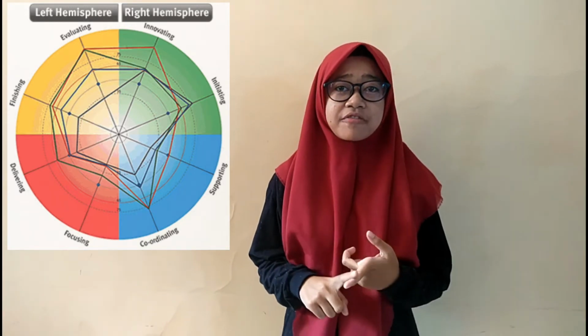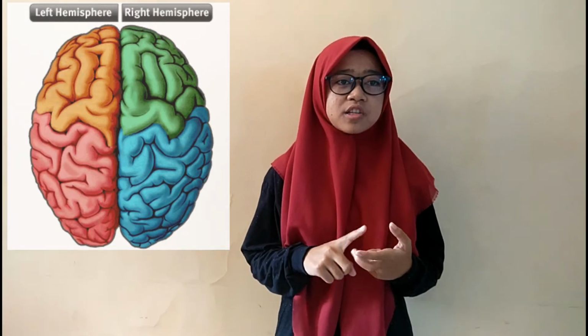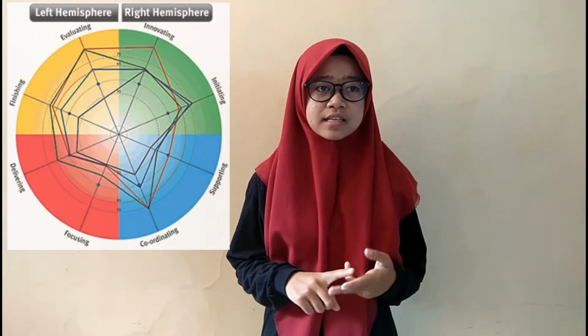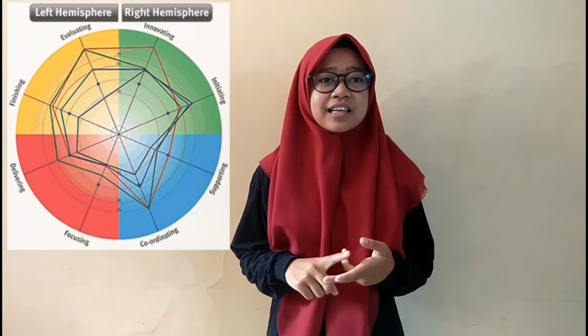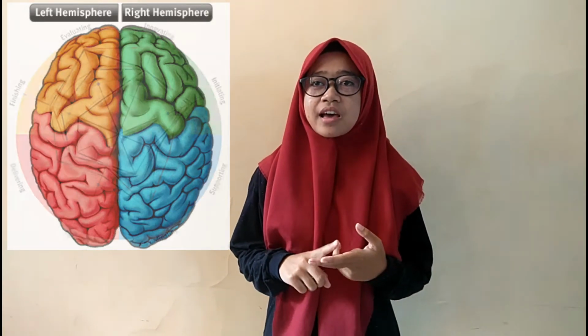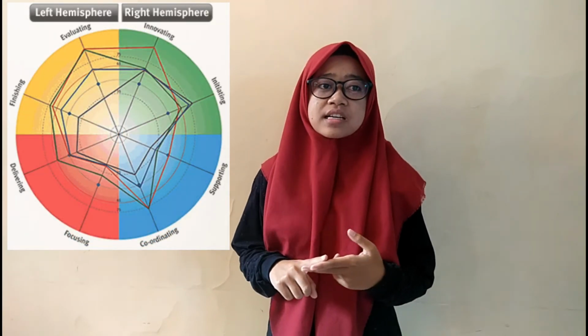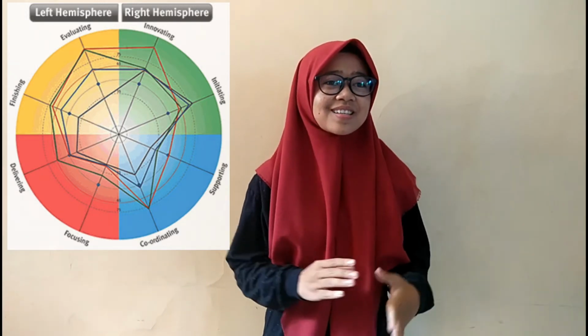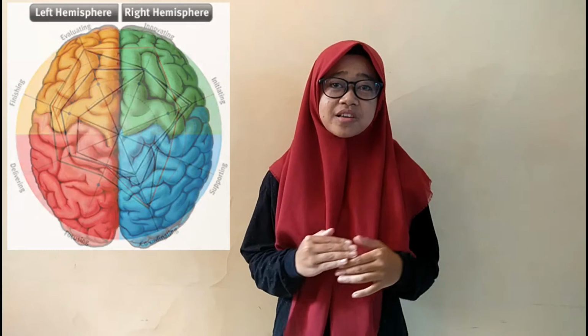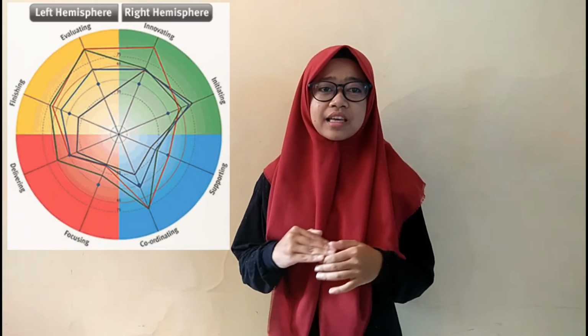The left hemisphere is responsible for sequential analysis, systematic and logical interpretation of information, and also interpretation and production of symbolic information such as language, mathematics, abstraction, and reasoning. Memory is stored in language format.